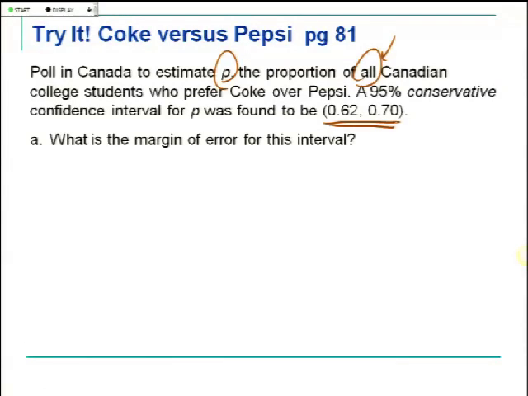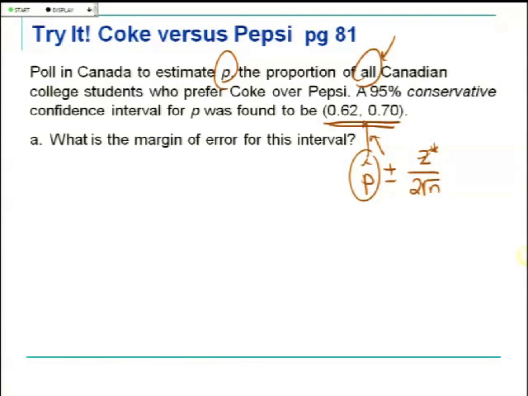Whenever you have the interval, you've got two things that you can get right from it. You can get your best guess, which must be that midpoint, and then you can get your margin of error. This interval was made with the conservative formula, p hat plus or minus, and it had a z star, 2 over square root of n.